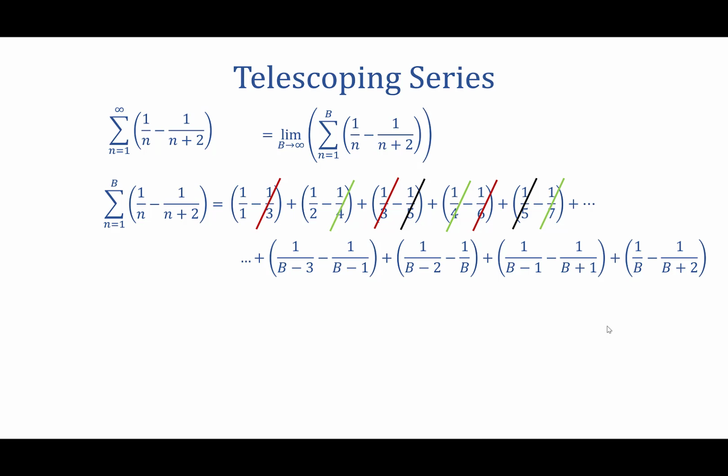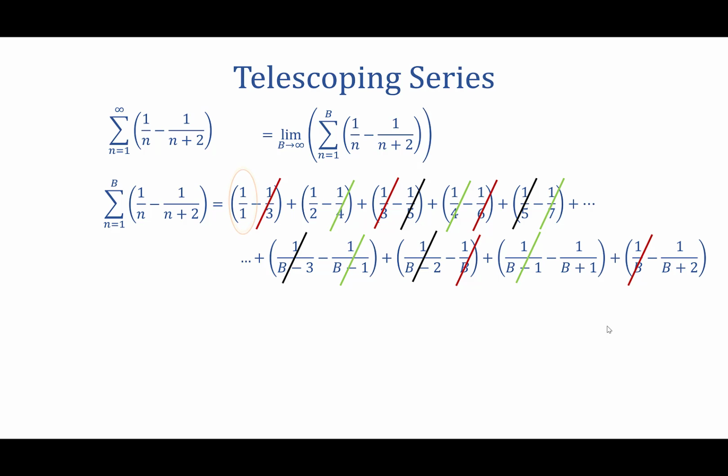So here too, you can see a lot of these will cancel out. 1 over b in the last term will cancel out with negative 1 over b 2 before. 1 over b minus 1, negative 1 over b minus 1. So we're going backwards. 1 over b minus 2 would cancel out with 1 in the middle, and 1 over b minus 3 will also cancel out with 1 in the middle.